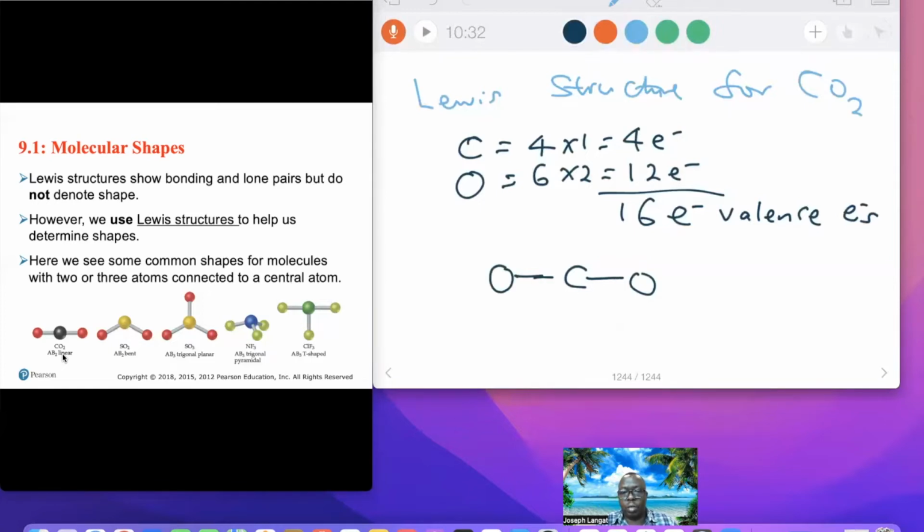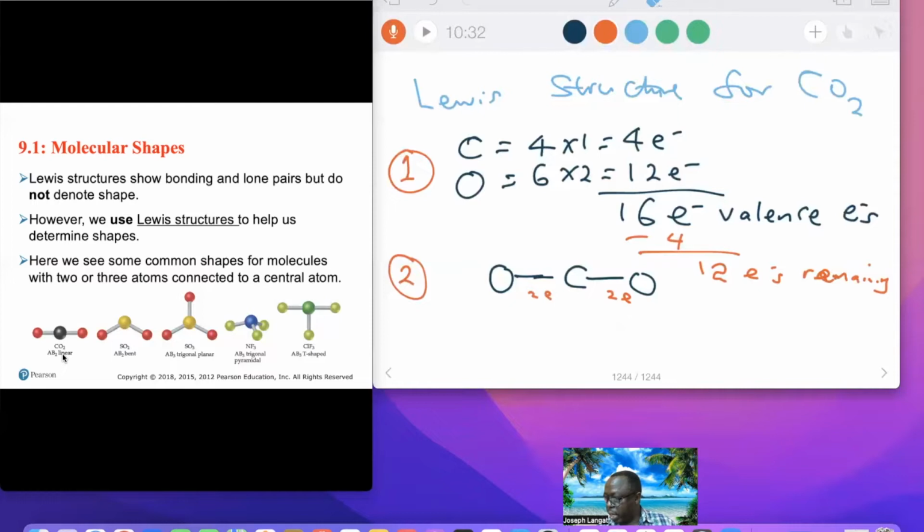This is the skeleton. Here is rule number 1. If you want to recap drawing the Lewis structure, rule number 2 is to draw the skeleton. So we have used how many? We have used 2 electrons here, 2 electrons here. So minus 4, we are remaining with 12 electrons. So there are 12 electrons remaining.